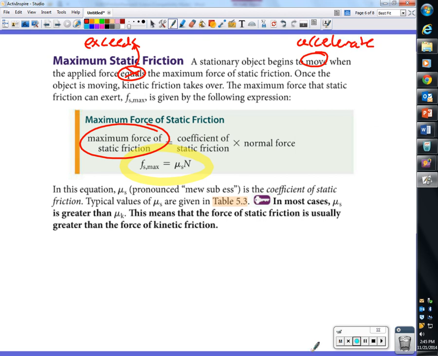Or it could move but not be accelerated. But in this case, in order to start motion, beginning to move is acceleration. So you could say that's kind of saying the same thing, but I like this a little better. All right, good there. Acceleration is a change in motion, right?